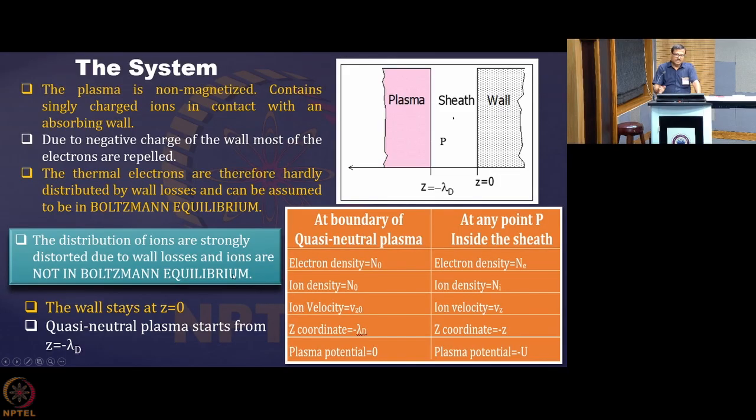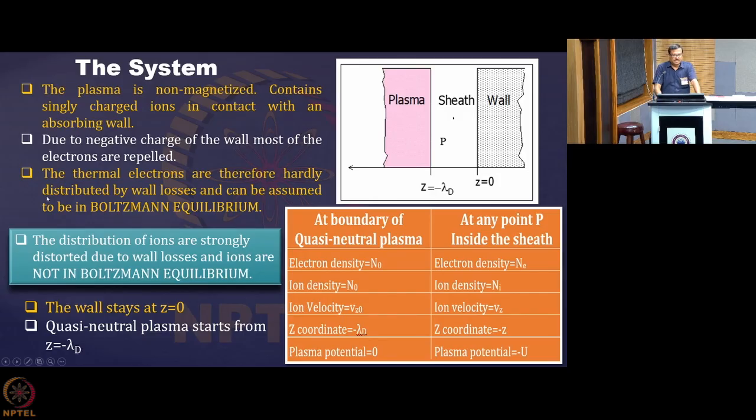So, in this consideration, we will be assuming one approach for the electrons. These thermal electrons are not disturbed by the wall losses and can be assumed to be in Boltzmann equilibrium, because they are anyway getting repelled, they are not getting absorbed by the wall.